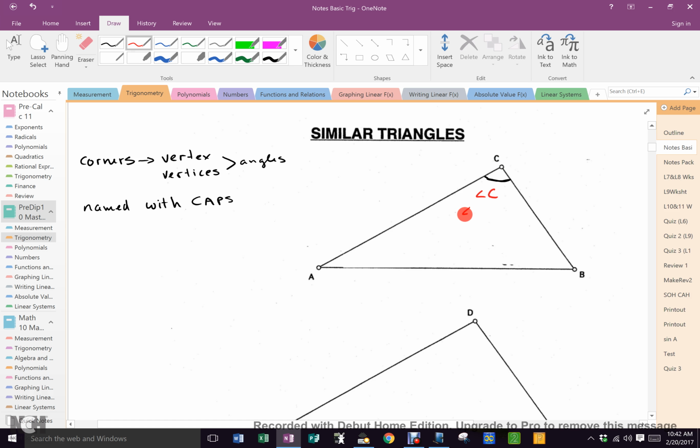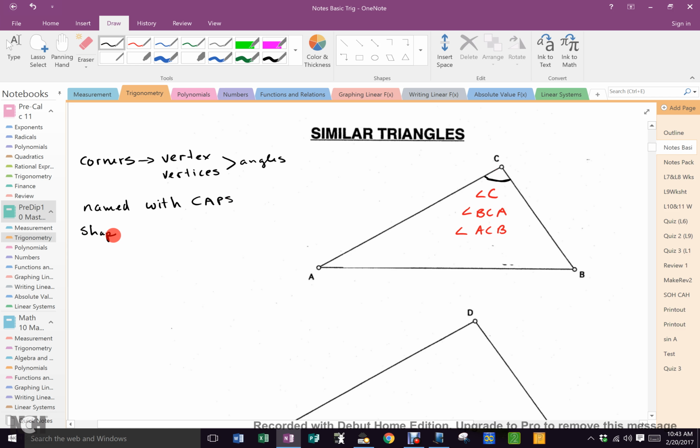It is also angle BCA, because I go from B to C to A. Got it? It is also angle ACB. Does everybody know that? You all know that from the past, yeah? So you can name all 3 of these angles. That's cool. I don't need to go any further with that. Good. Okay. Corners are named with caps.